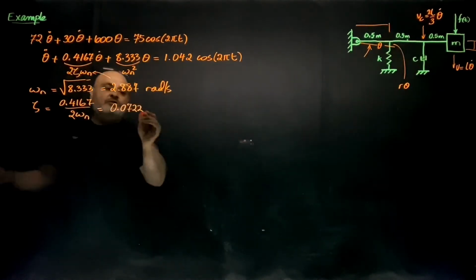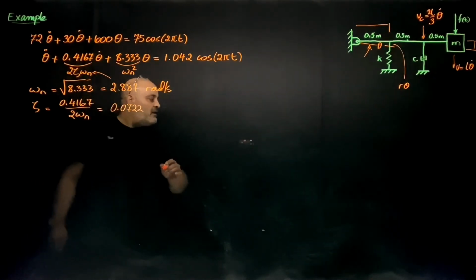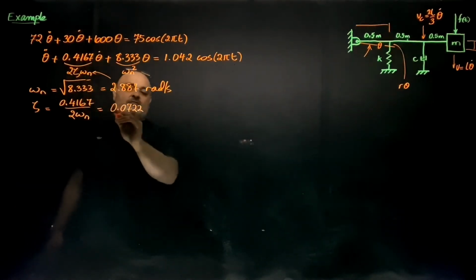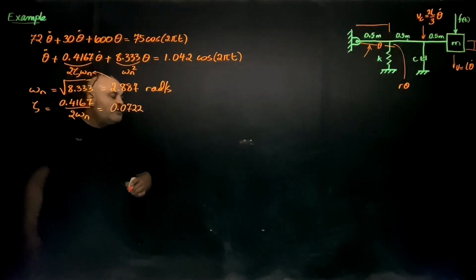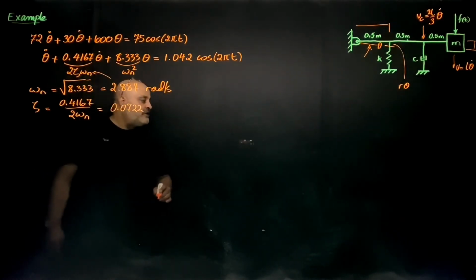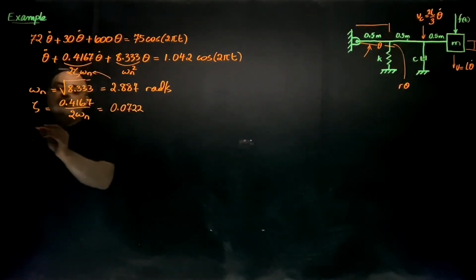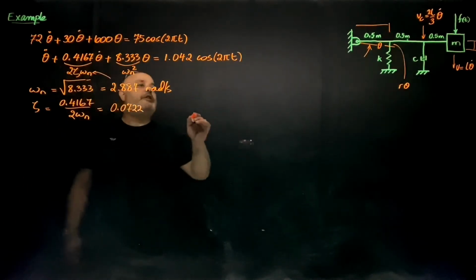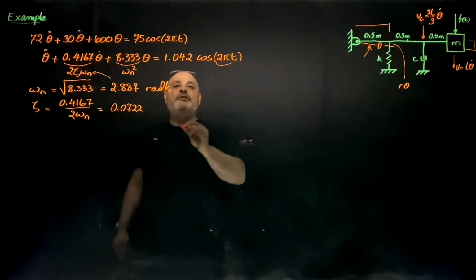It's a ratio, so it has no units, and we notice that the system is lightly damped. It's a very low damping ratio. The forcing frequency is 2 pi, I already have that here.